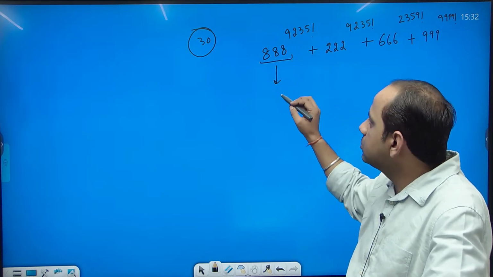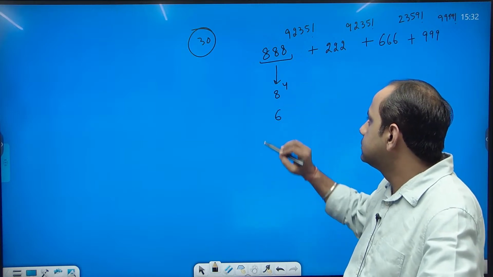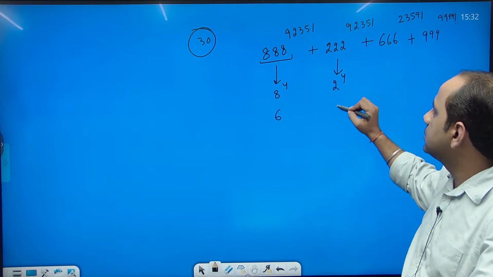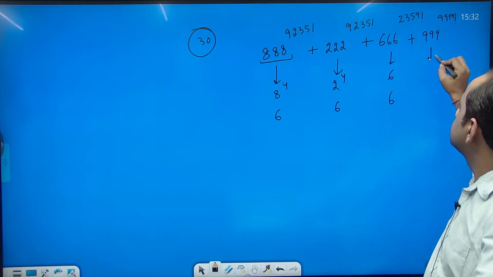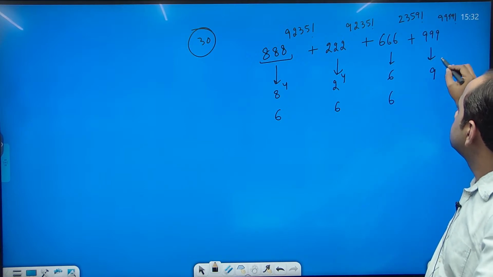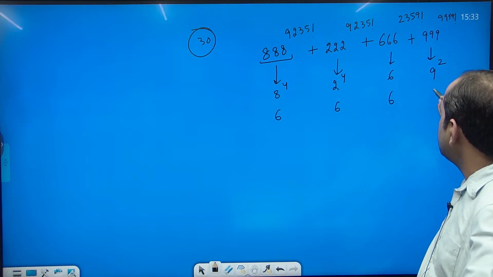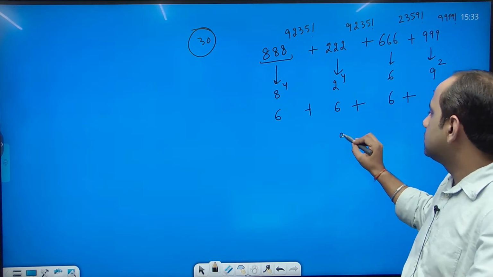If remainder is 0, it will be 8 to the power 4, in this case 2 to the power 4, which is ये तो 6 ही रहेगा. In this case 9 to the power 4, 9 to the power 2, it will be. So what will be your final answer?